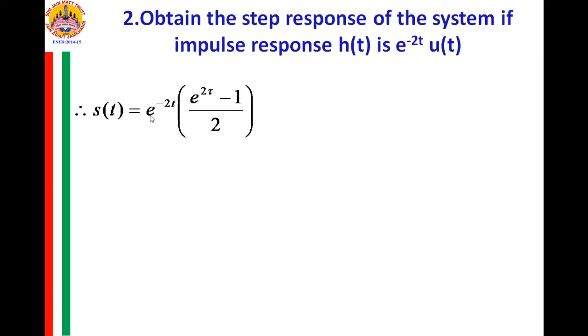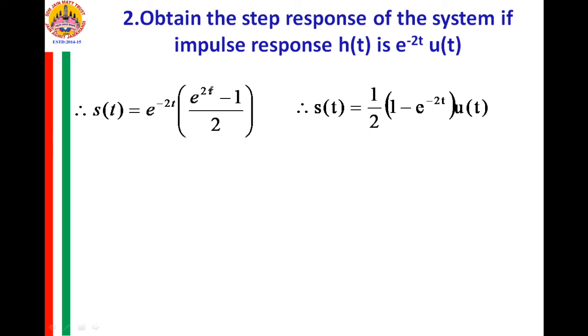So this s of t, you will get, is equal to e raised to minus 2t into e raised to 2t minus 1 by 2. So you can also write this as s of t is equal to 1 by 2 inside the bracket 1 minus e raised to minus 2t. So this is t, not tau. There are so many mistakes in this slide.